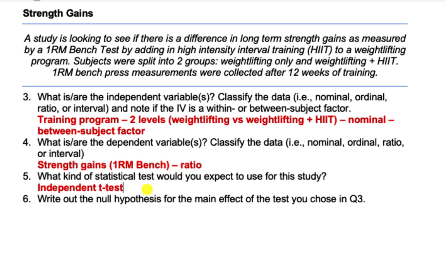Okay. So then this question is asking to write out the null hypothesis for the main effect of the test. So the null hypothesis for an independent t-test would be that in terms of the variables used, generically we would say there's no effect of the independent variable on the dependent variable, which I'll pretty much keep as my format for this one.